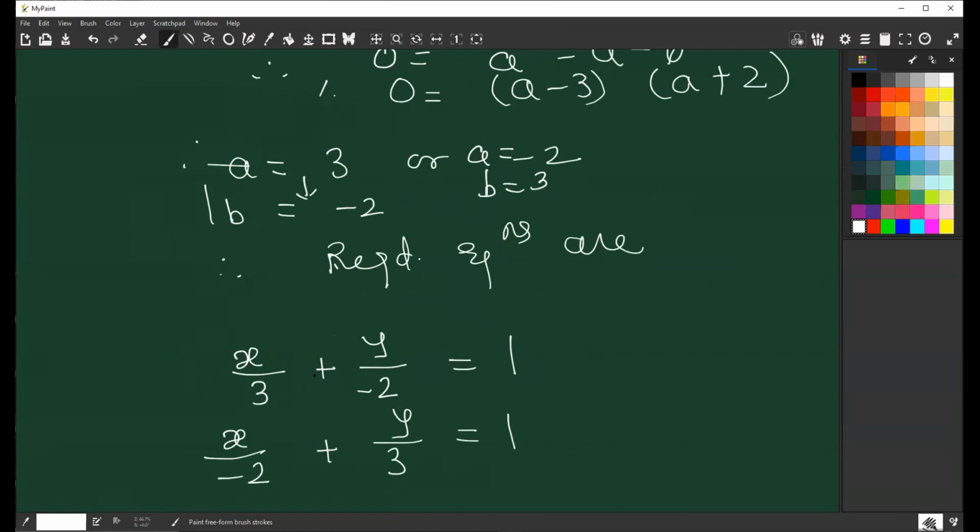Here you can multiply throughout by 6. So this will come 2x. You are multiplying by 6, so 3 will cancel. Here you are multiplying by 6, correct? So minus 3y is equal to 6. 2x minus 3y is equal to 6. That is 2x minus 3y minus 6 is equal to 0. Correct? This is the first one.